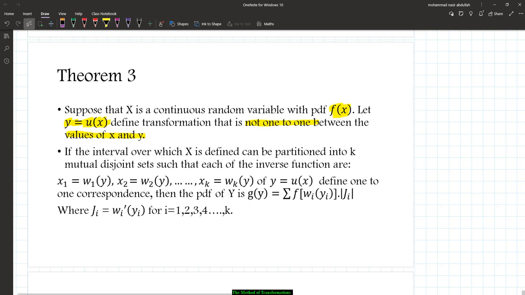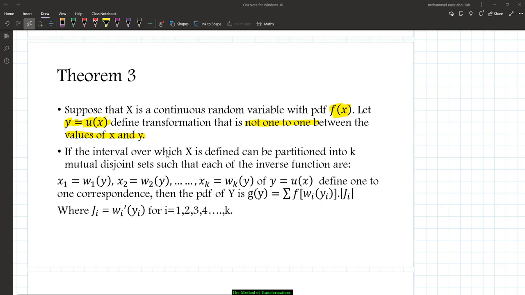But in this theorem, when we don't have a one-to-one relation, it means many-to-one relation. Many-to-one means that two values of x can lead to one value of y.